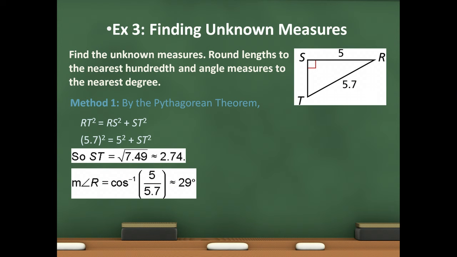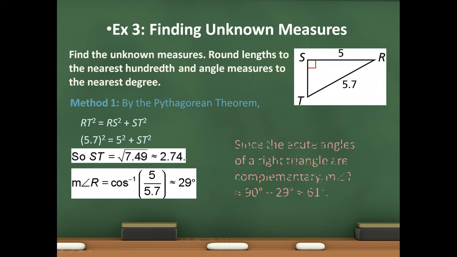The measure of angle R equals the inverse cosine of 5 over 5.7, which is about 29 degrees. Since the acute angles of the right triangle are complementary, the measure of angle T equals 90 minus 29, or about 61 degrees.